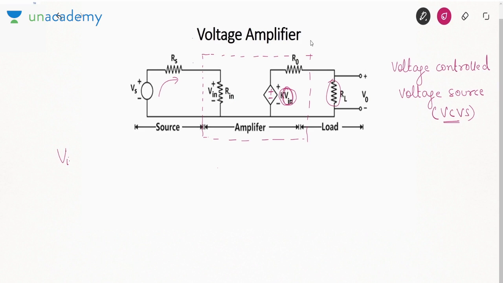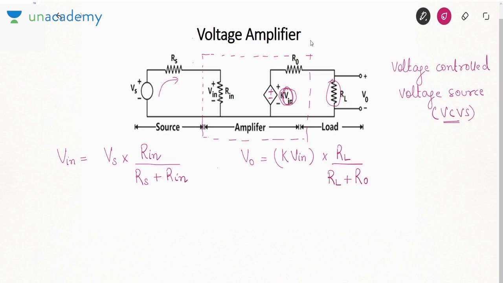Now in this, if you find out Vin by applying voltage division, what will it be? Vs Rin over Rs plus Rin. What about V0? Again you can apply voltage division, K Vin into RL over RL plus R0.